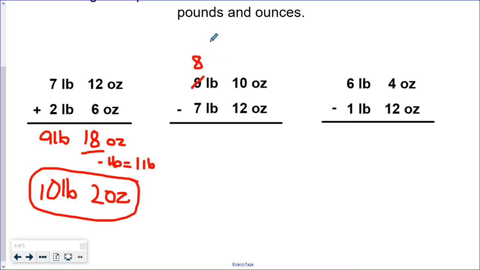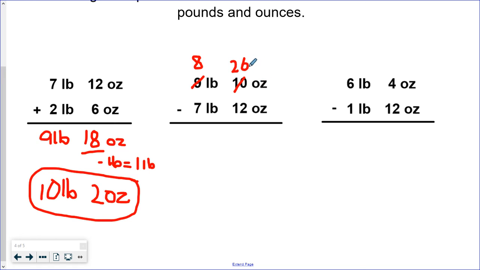If we're taking 1 pound away, we got to add 1 pound on here. And I know that there are 16 ounces in a pound. So I'm going to cross out the 10 ounces and add 16 onto it. Because, like I said just a minute ago, there's 16 ounces in 1 pound. So now my 10 ounces, adding 16 ounces onto that, would be 26 ounces.